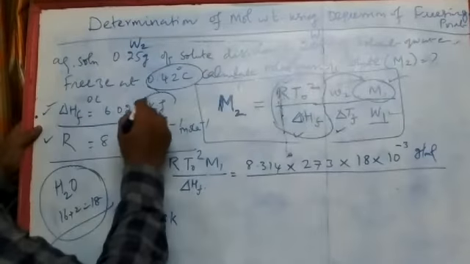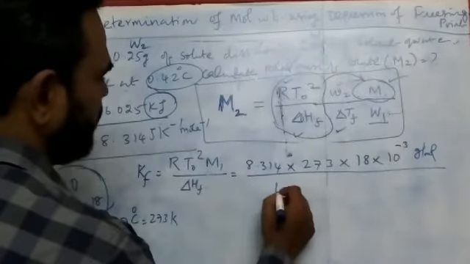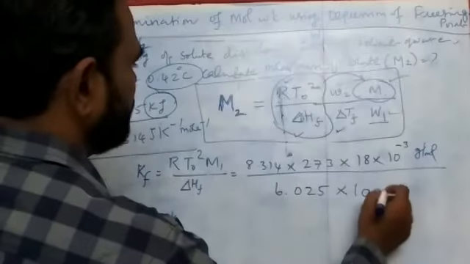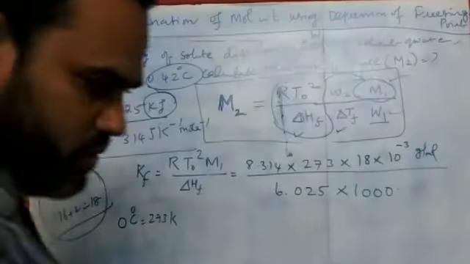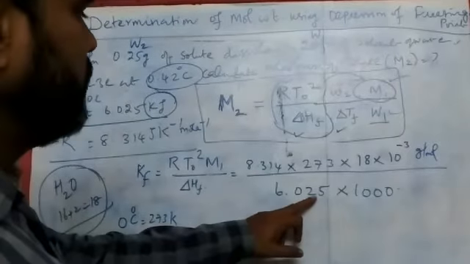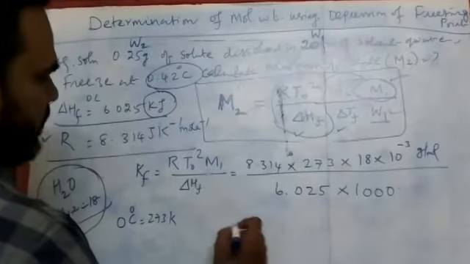This is given in kilojoules, so let me convert it into joules: 6.025 into 1000, which becomes 6025.